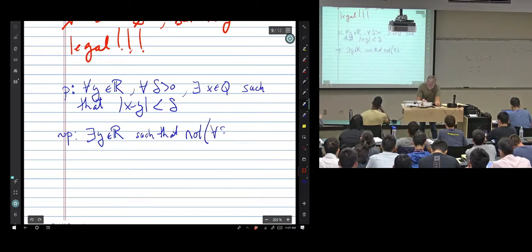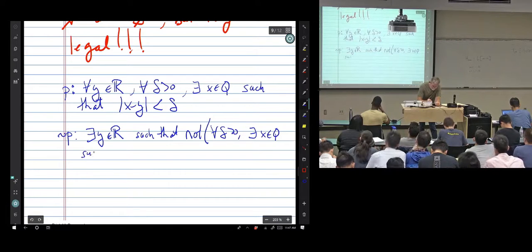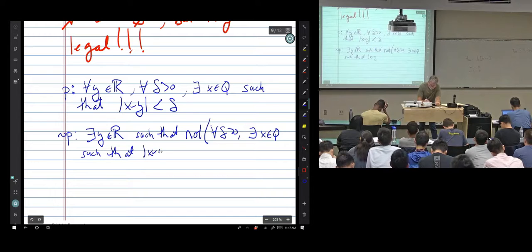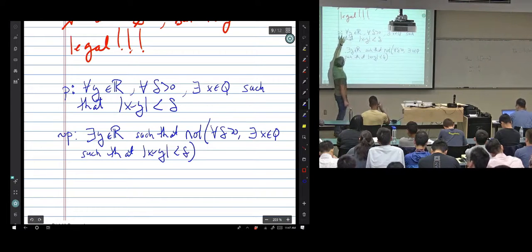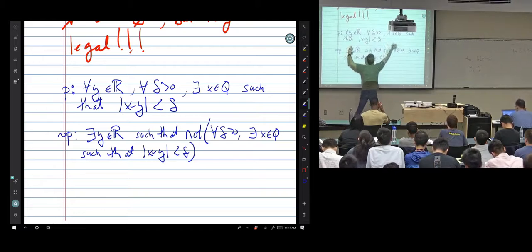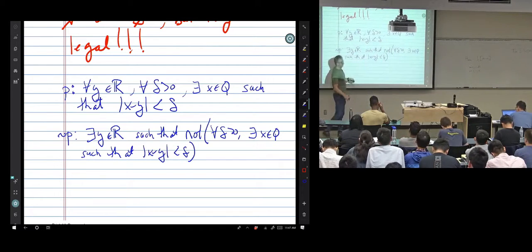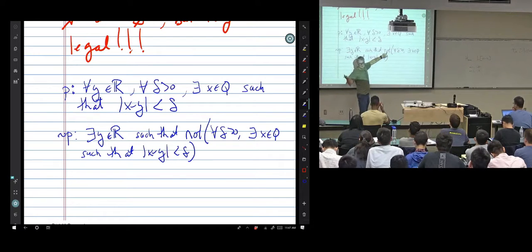For every delta greater than 0, there exists x in Q such that absolute value of x minus y is less than delta. Okay? For every not, there exists, and then you do the not of everything that follows. That's what I mean by recursive. Now, we just did this one, okay?